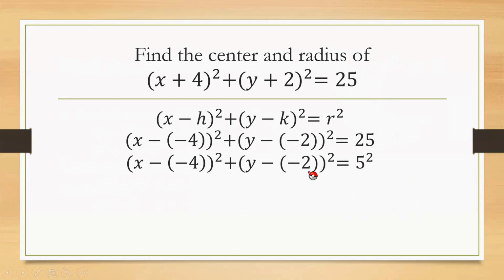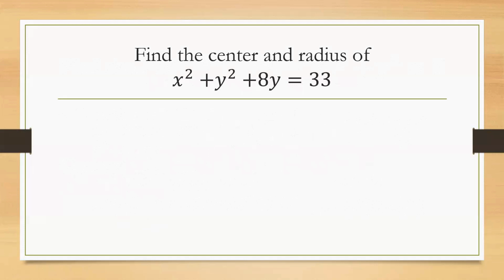So from here, we can just get our h, which is -4, and our k, which is -2, to come up with our center. And just simply get our radius, which is 5.